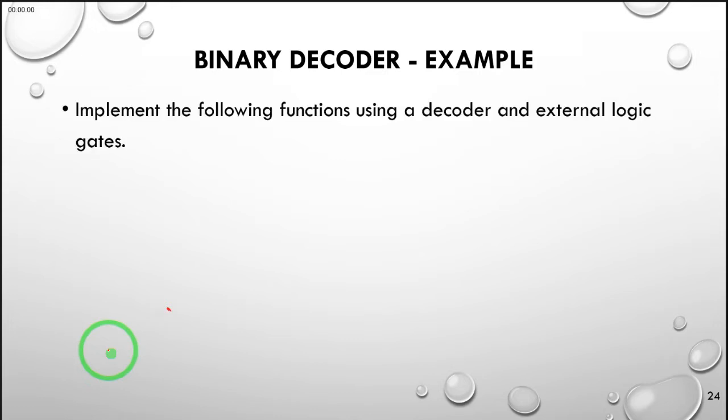Therefore, we look at this example that says implement the following function using a decoder and external logic circuits. Our equation is given here: we have 2 outputs that we need, F1 and F2, and F1 is expressed as a function of 3 variables A, B, C, and the same is formed for the F2 output, and each of them has its own expression.